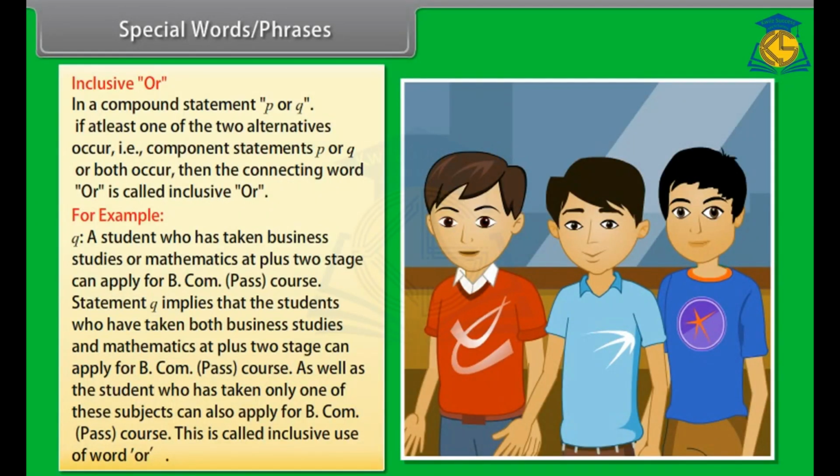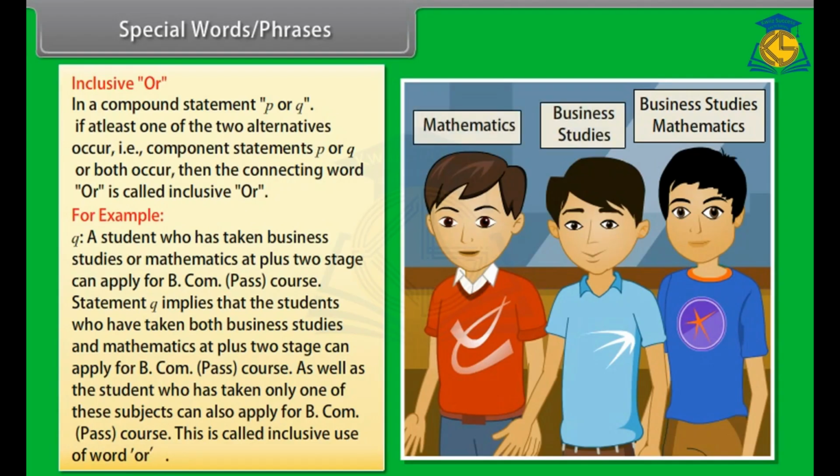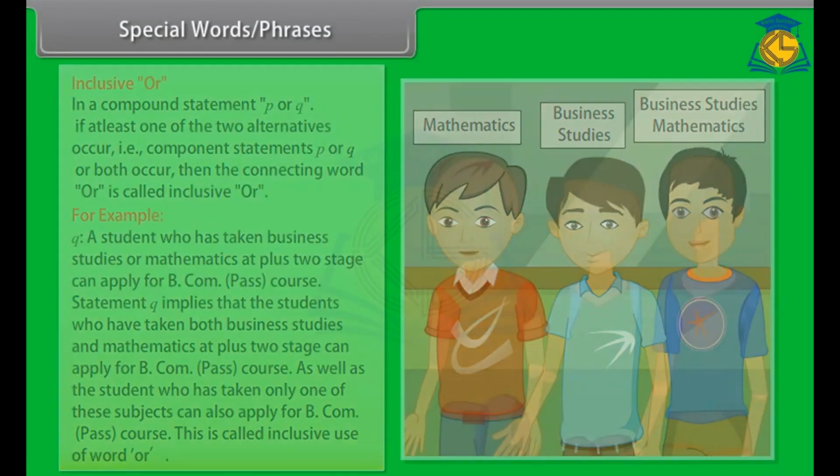Statement Q implies that the students who have taken both business studies and mathematics at +2 stage can apply for BCom pass course, as well as students who have taken only one of these subjects. This is called inclusive use of the word "or".